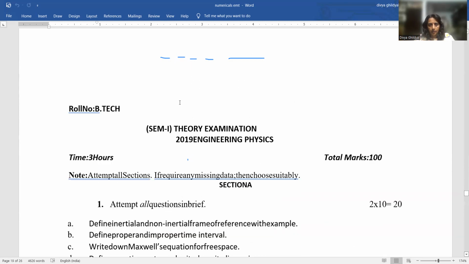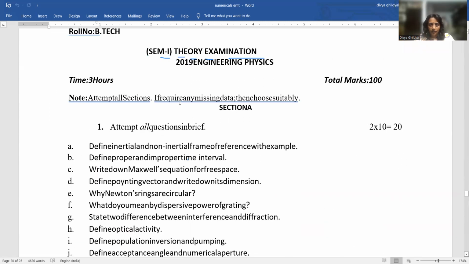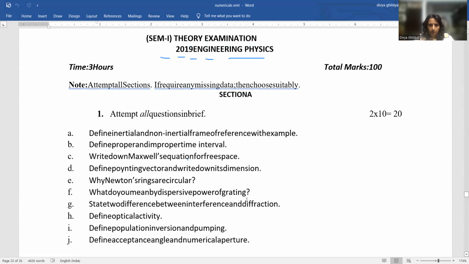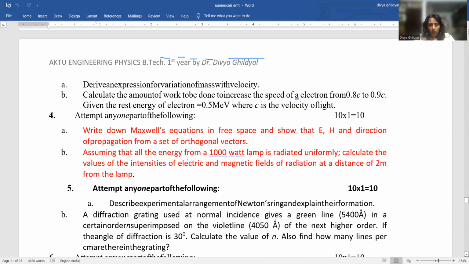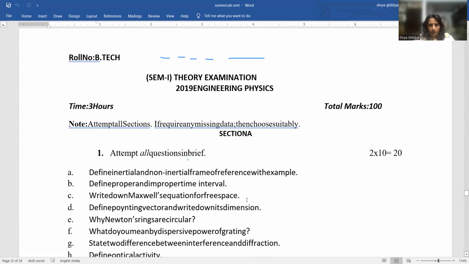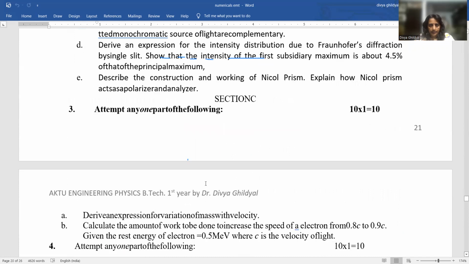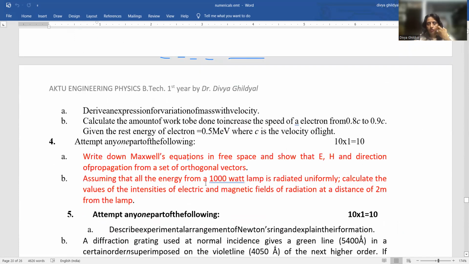And let us look at the previous year original question papers and see what all was asked from EMT here. Look, this is your question paper of 2019. Okay, let us see section C, question 4.